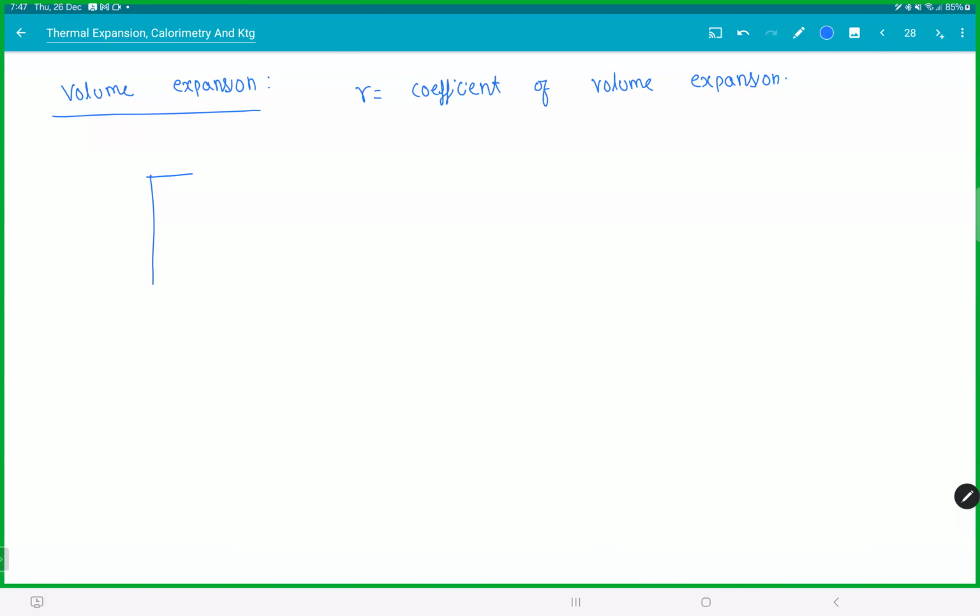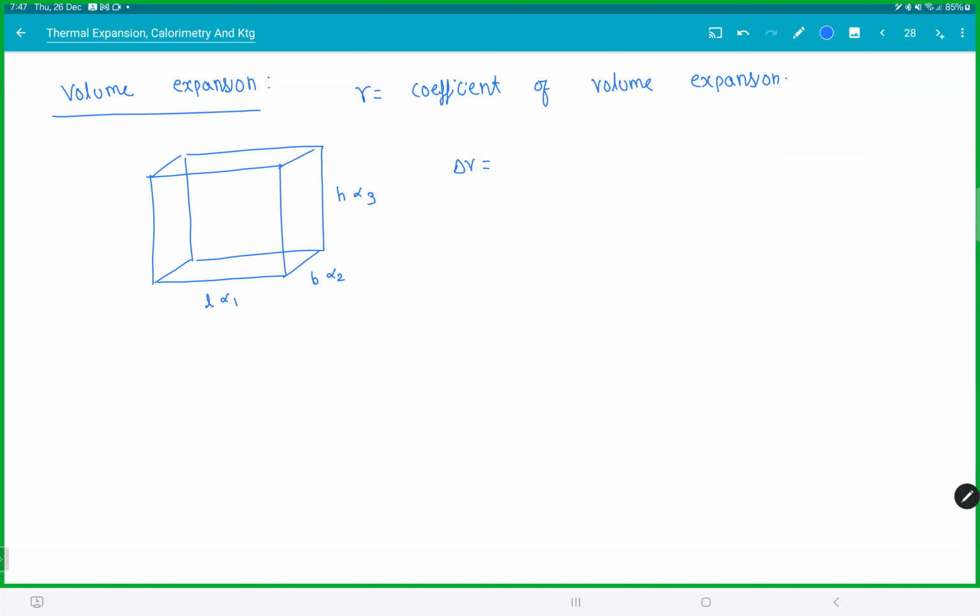Same thing, we will take a cuboid. Let's say this is length L, alpha 1, breadth B, alpha 2, height H, alpha 3.